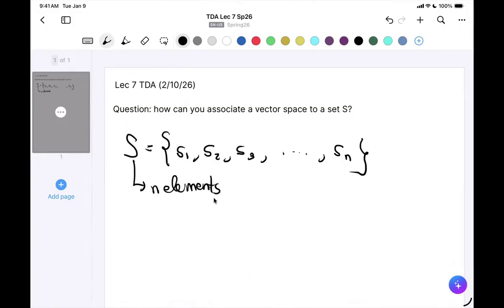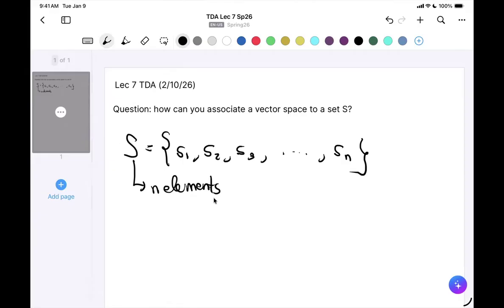Sets can represent almost anything, more or less any collection that you could think of. The set could represent the names of the students in the university. It could also represent the first n integers, 1, 2, 3, 4, 5, up to n. There are so many different uses for them.